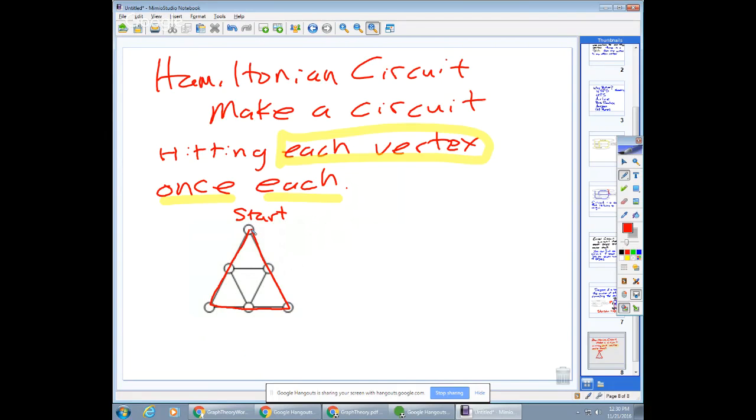Not too bad. Good. Very good. So I don't have to worry about other edges. I just need to hit each vertex. Hamilton was concerned about the vertices, each intersection. And so that would be an example of a Hamiltonian circuit. Started here and went around with that.